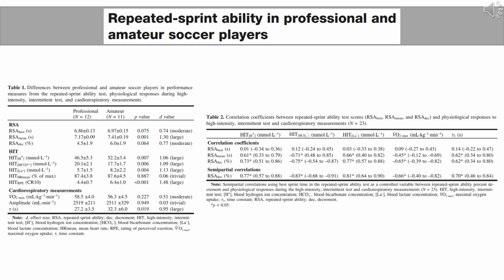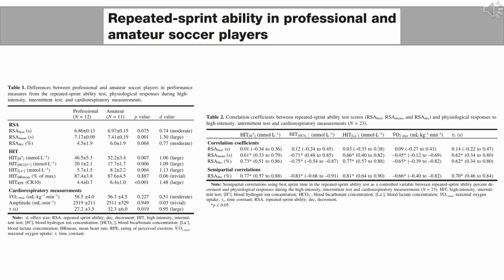And if you just look at the raw data, we can see that unsurprisingly, professionals show pretty much moderate to large differences between amateurs for almost all of our metrics. And if we then look back at the raw values in these first two columns, we can see that our scores for repeated sprint ability are much lower for professionals.